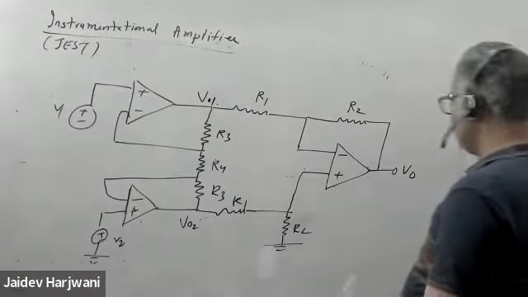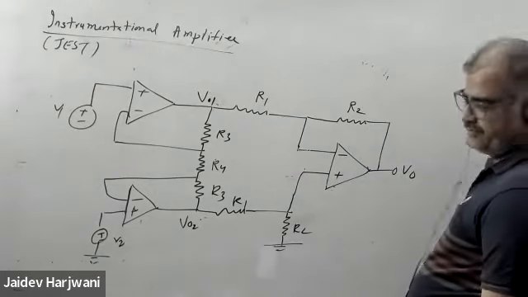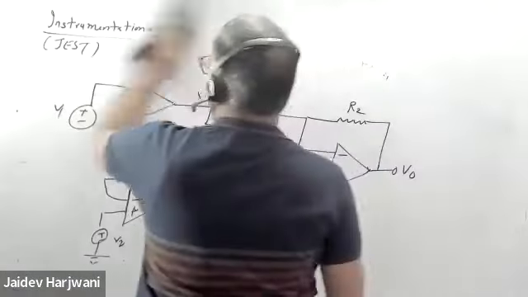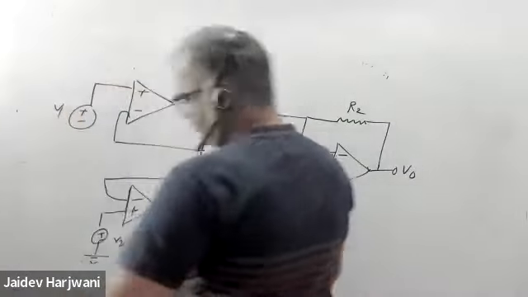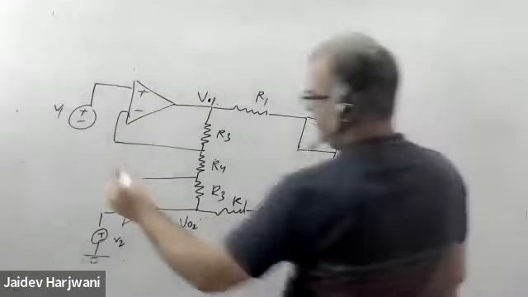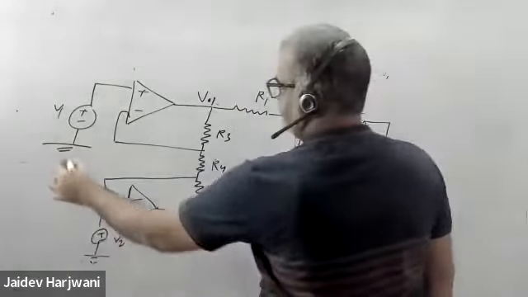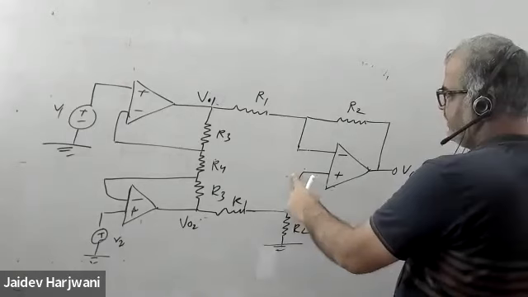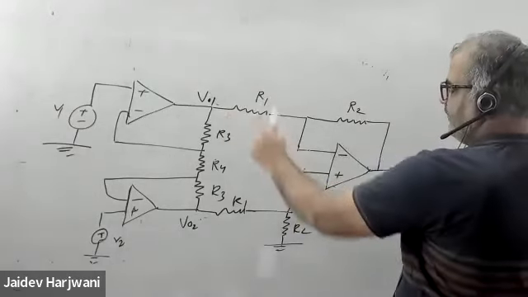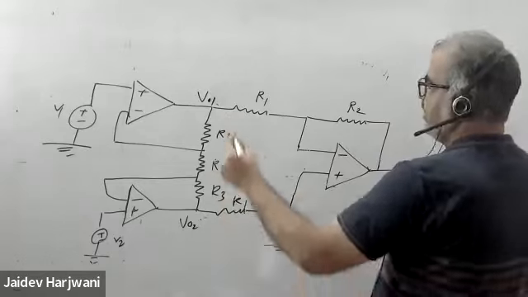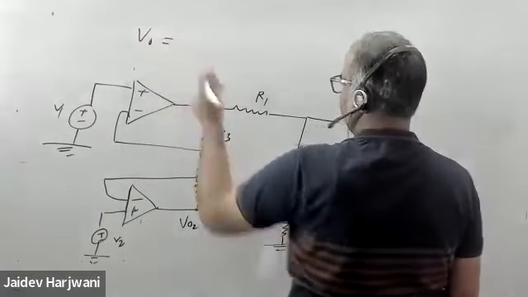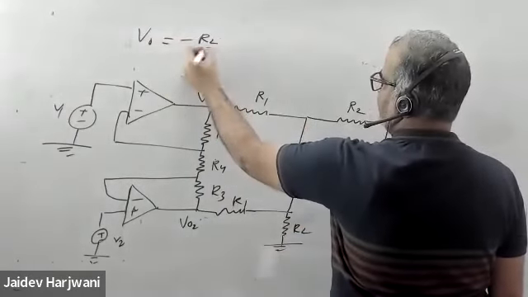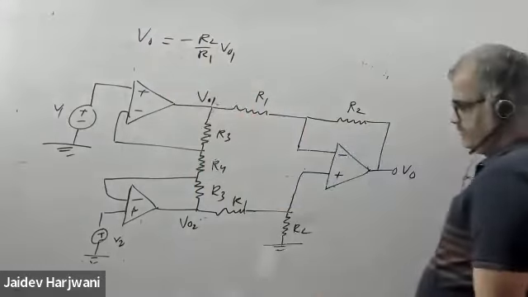So I want to write now the expression for V0. Okay, so V0 can be written, so I am doing this problem in a simpler way. Okay, so I want this V0. So I should know what is V plus, I should know what is this inverting amplifier. Okay, so what can I write? I can write V0 is equal to, if I ground this one, I can write simply minus R2 upon R1 V01.